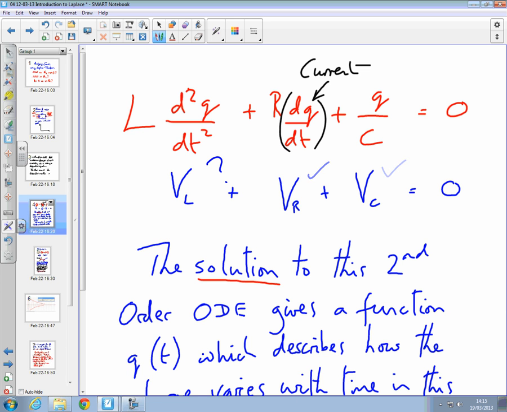What about this one then? That's an awkward one. Anybody know a formula for the voltage across an inductor? Mr. Betts has got his fingers crossed at this moment in time.